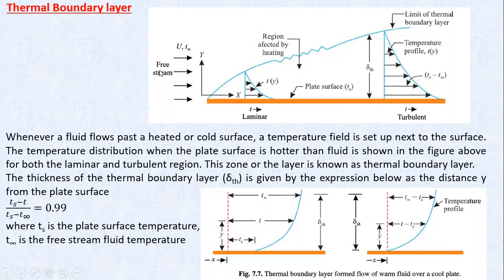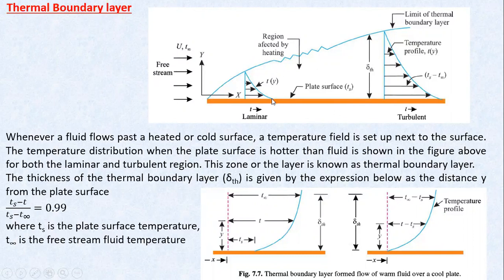The fluid, air or any gas, flows over the hot surface. Similar to the velocity profile, there will be a variation in the temperature, or a temperature distribution, as shown in the figure.